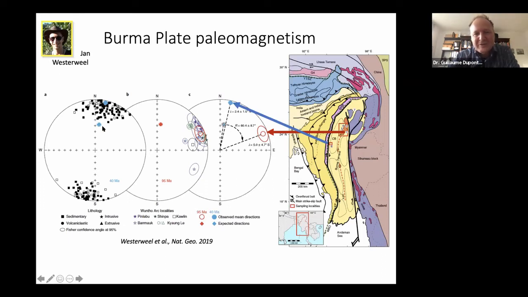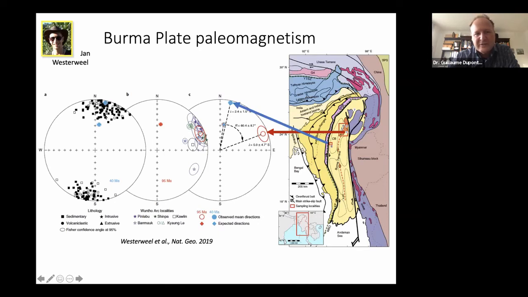So what is complex is maybe these figures, because you are looking at both the direction of the field with respect to the north and the inclination of the field. Okay, and so we saw in the beginning, if you are near the equator, the inclination of the field is very low.